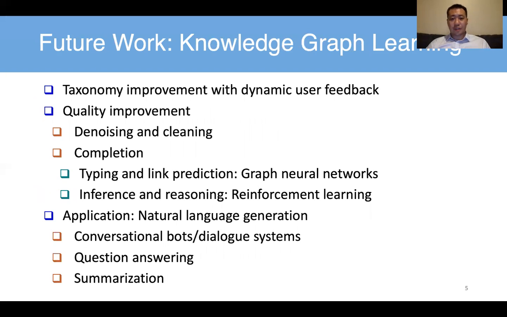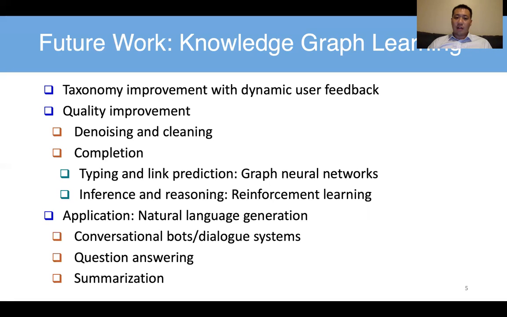So another future work is on knowledge graph learning. Taxonomy and ontology are two kinds of very special knowledge graphs, and they can also be considered as graphs. So whether we can improve the taxonomies by using the user feedback when they use a taxonomy or ontology to search for information, so their feedback can probably be incorporated to improve the performance.